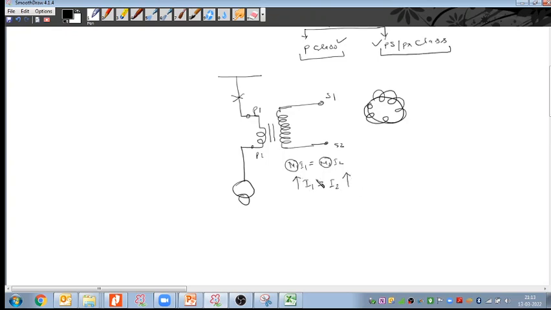So if the CT had infinite saturation, the CT would not saturate, so all the primary fault current would come into the secondary side. That is okay, your CT will not be damaged, but what will happen? Your relay will be damaged, and of course the relay is costlier than the CT, right?